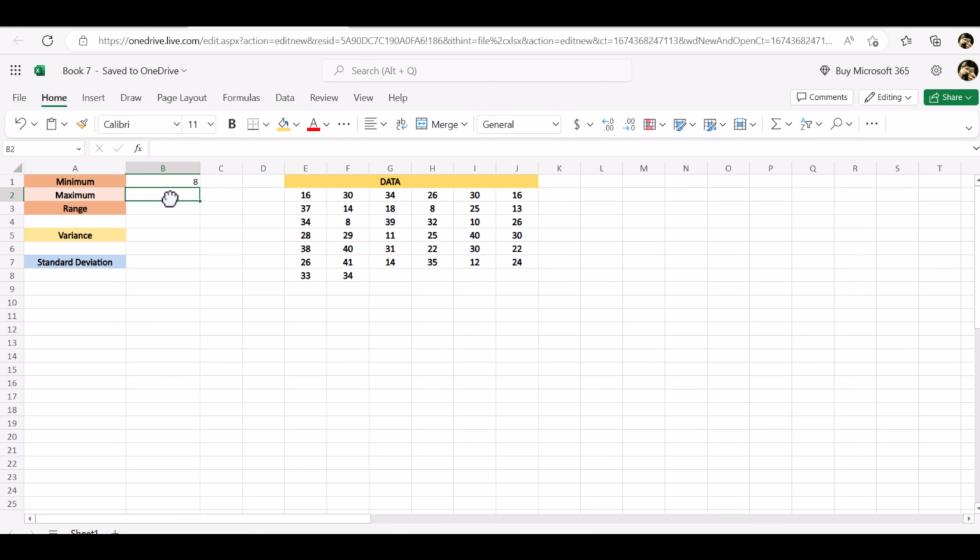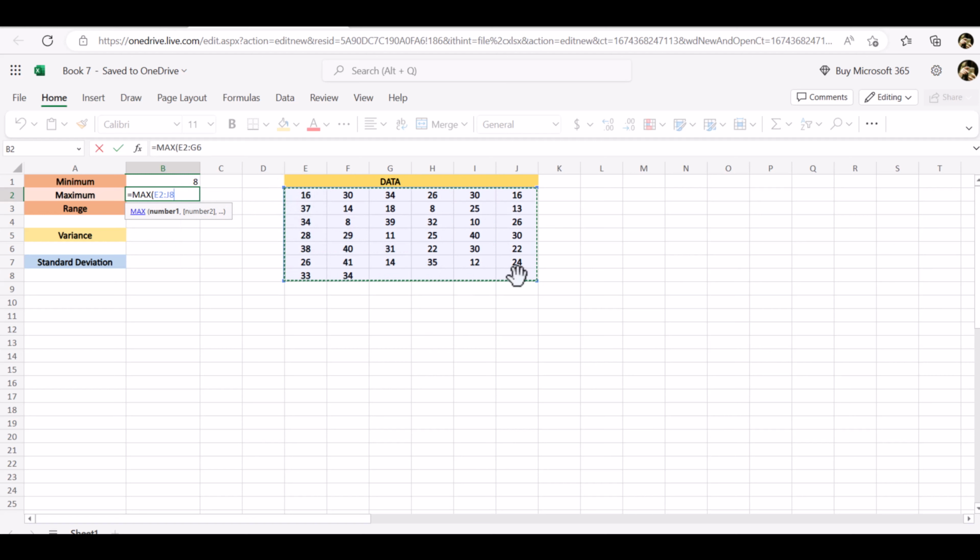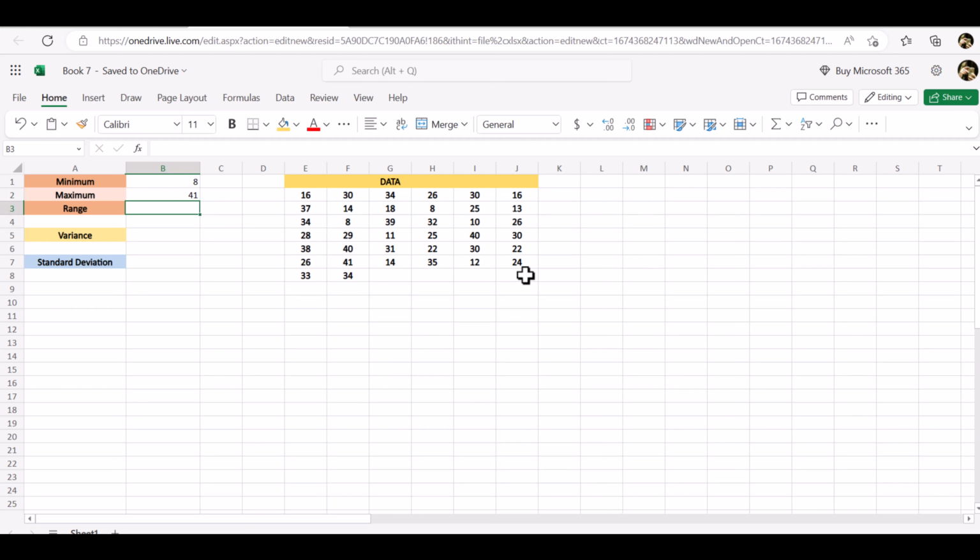And for the maximum, equals, MAX, highlight the data, and enter. Next, to calculate the range, equals, maximum minus minimum, you can see the result.